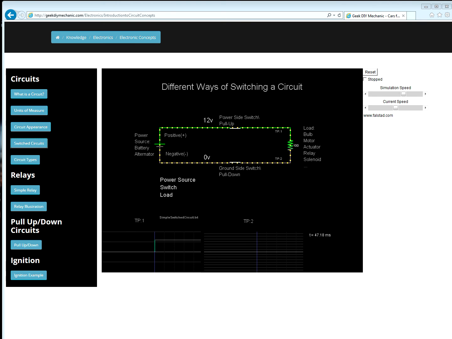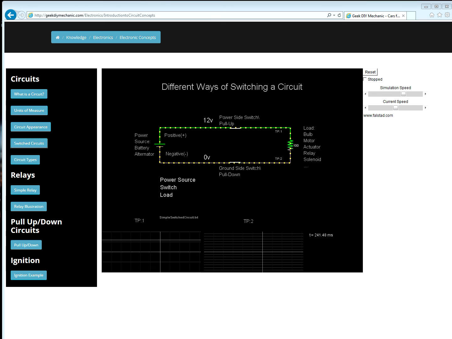There are primarily two techniques that automotive circuits are turned on and off. The difference is where the switch is located in regards to the load. This is load. Before load or after the load. Remember, load can be a motor, actuator, relay.